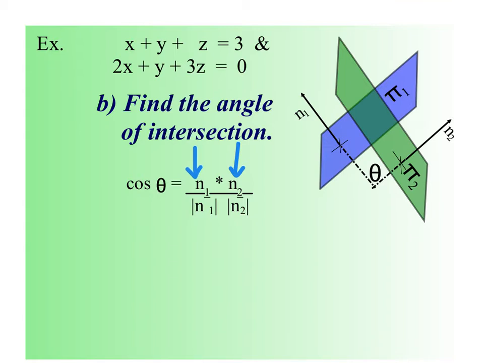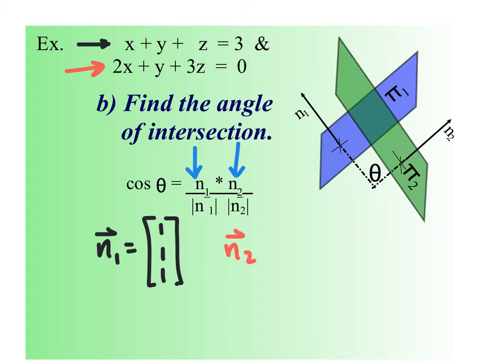So normal 1, let's take this vector here, would be each of the coefficients: 1, 1, 1. Normal 2, which is each of the coefficients here, would equal 2, 1, 3.